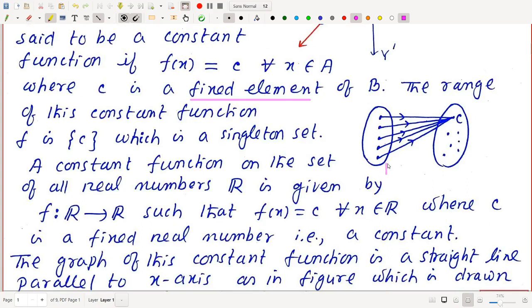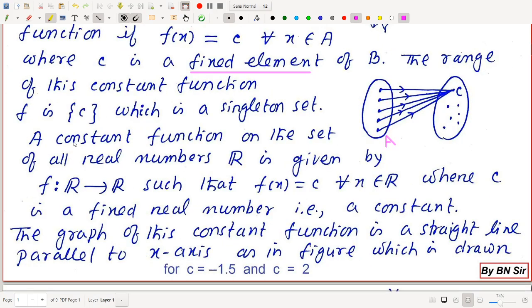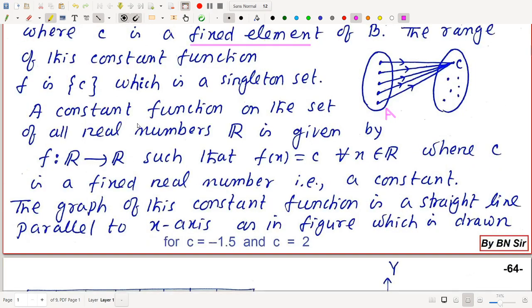This is A, our set A, and this is the set B. So the range of this constant function is the singleton set, second bracket C, only one element. So in short, we can say that a constant function is a function whose range is a singleton set.